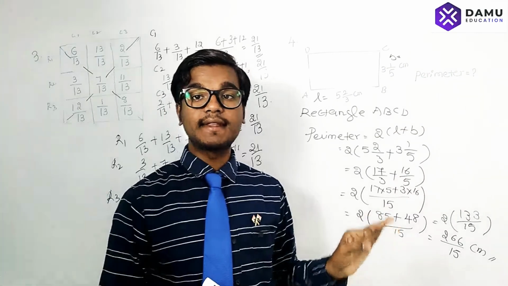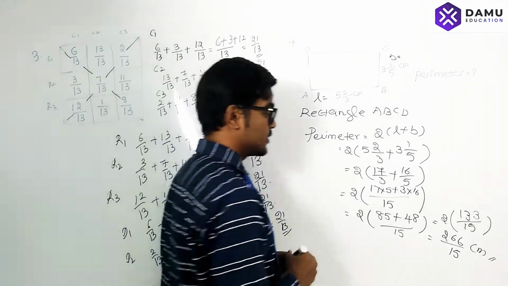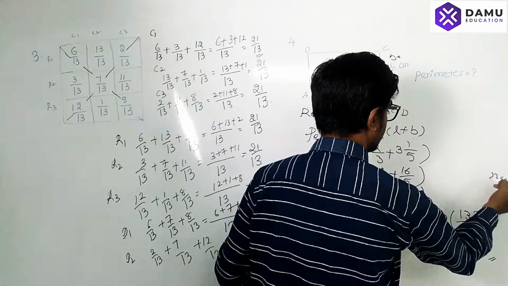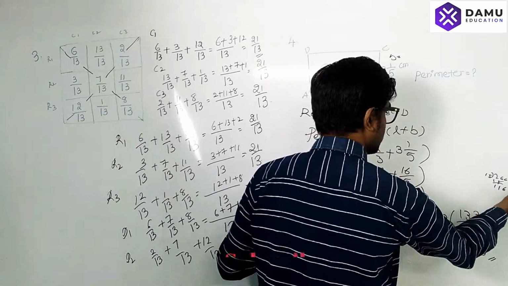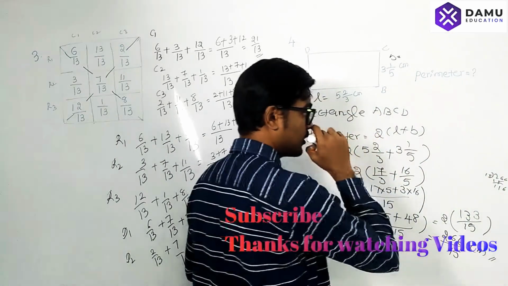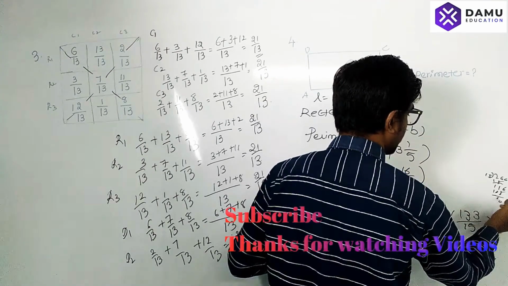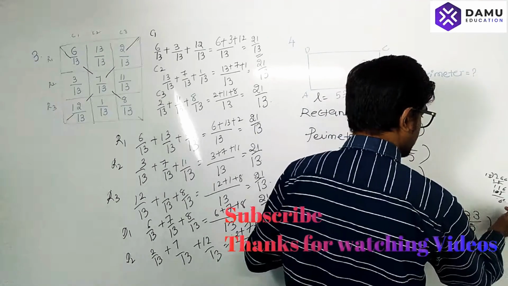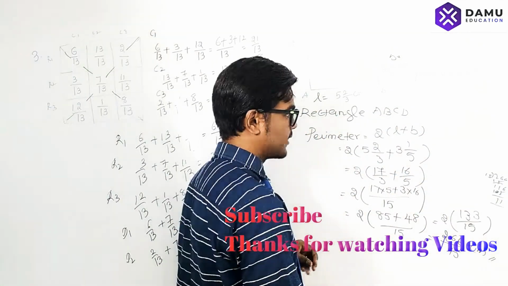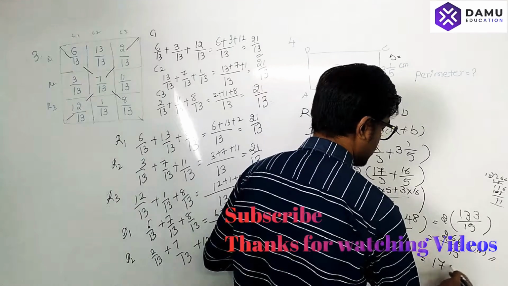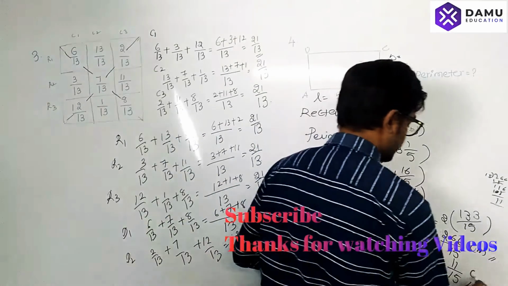If we express this as a mixed fraction, 26 by 15 is 1 and 11 by 15, so the perimeter of the rectangle is 1 11 by 15 centimeters.